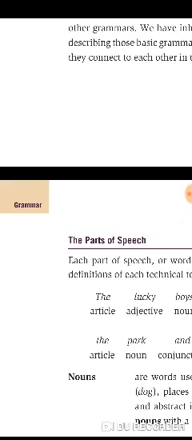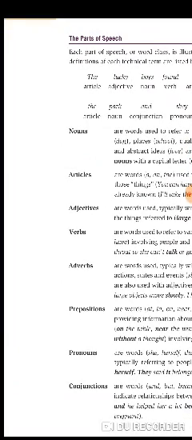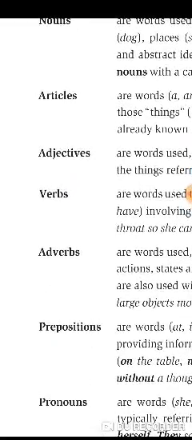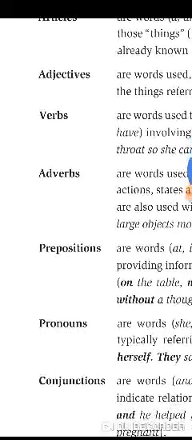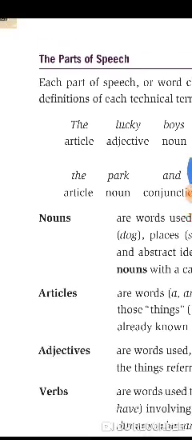Well, the parts of speech are things like a noun, an adjective, an article, a verb, an adverb, a preposition, a pronoun, or a conjunction. Okay? These are the things that the grammarians at that time found about Latin and Greek.